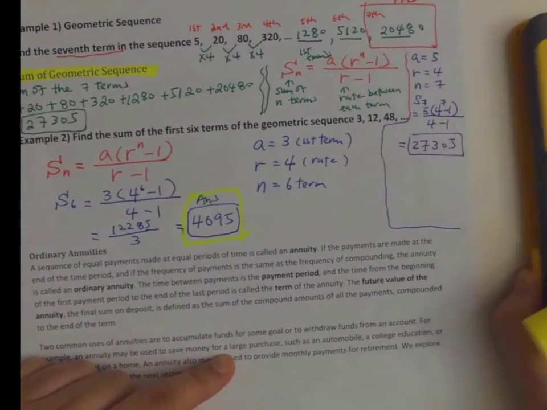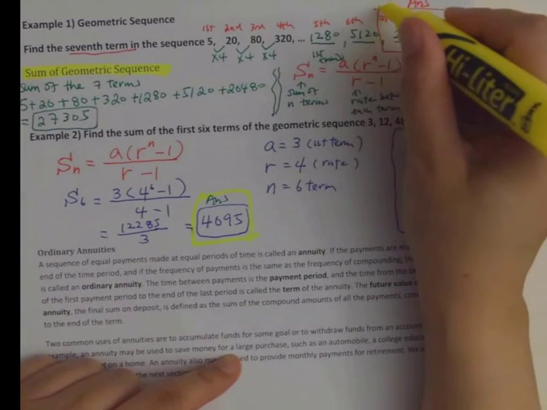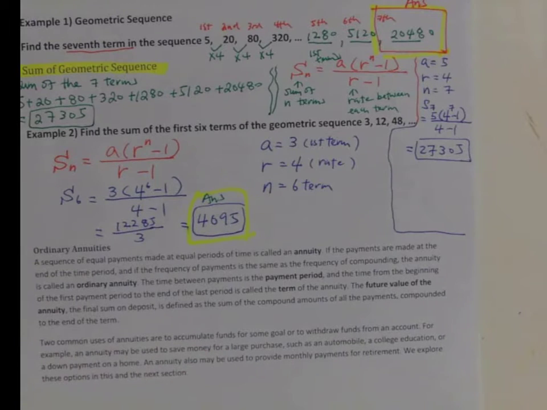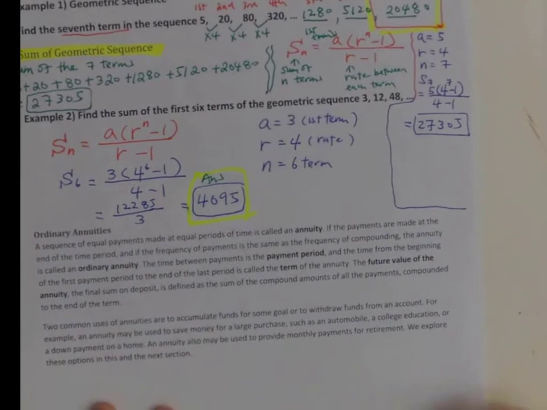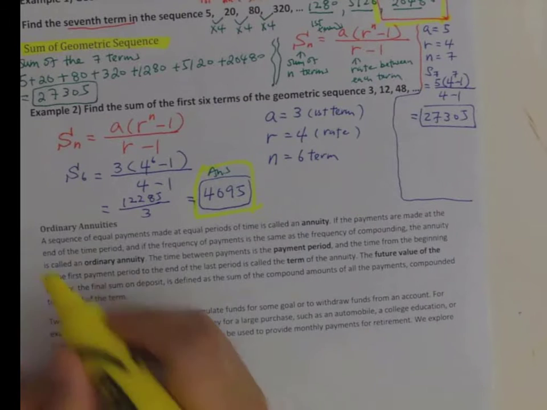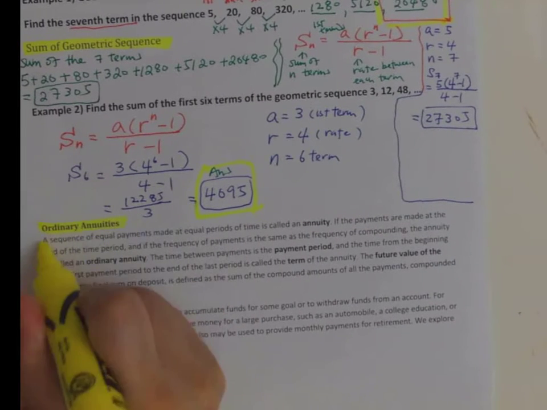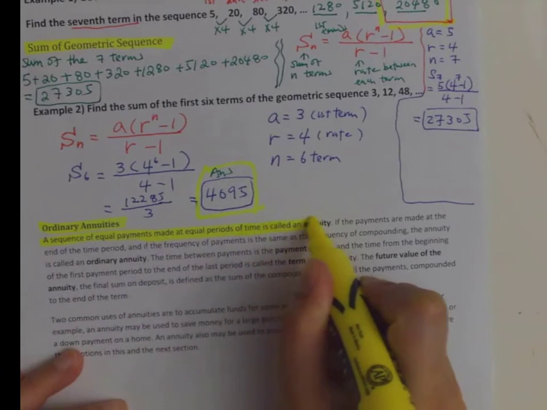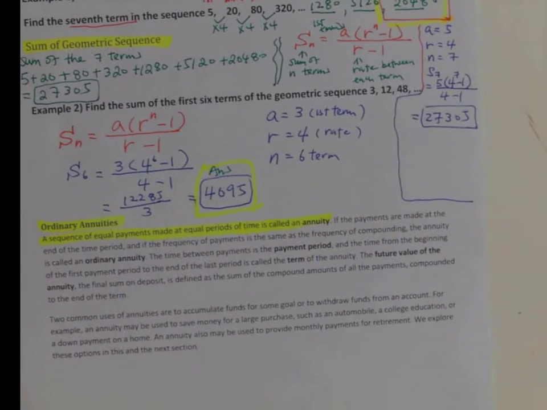So those are just the warm-up information for the main topic today, which is the annuity and the sinking fund. An annuity is a sequence of payments made at equal periodic times.